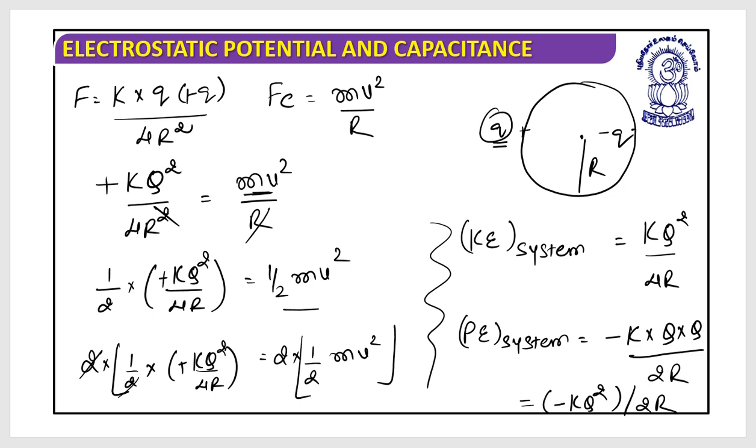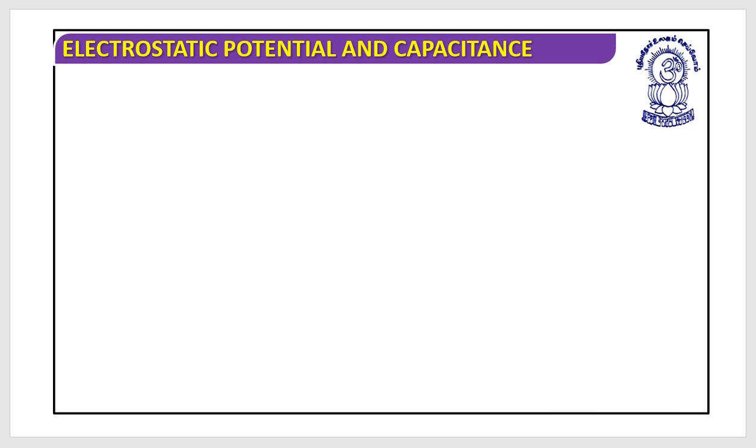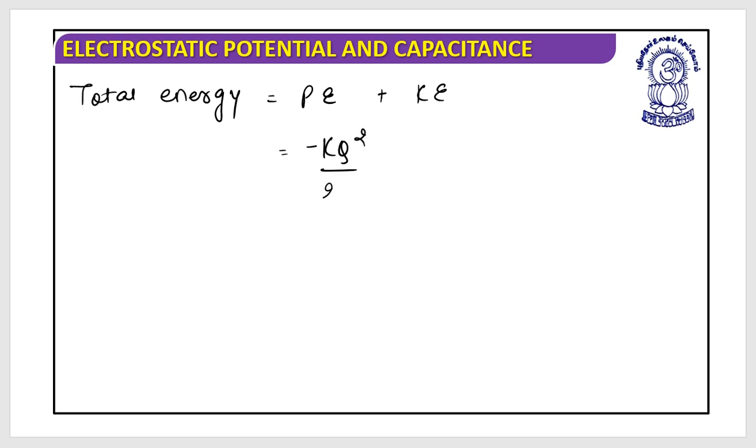Now what do I require? I require the total energy as well. So my total energy should be equal to potential energy plus kinetic energy. My potential energy is minus kq square by 2r. My kinetic energy is kq square divided by 4r.